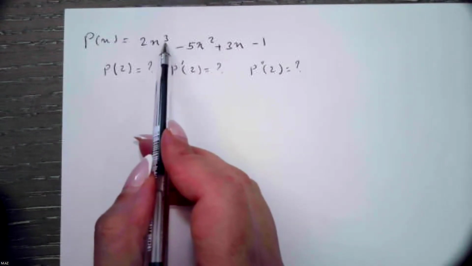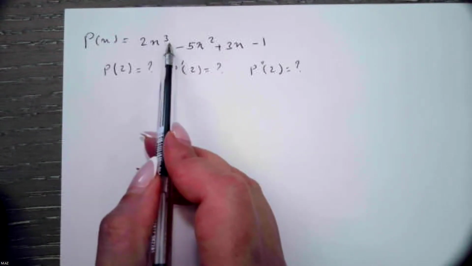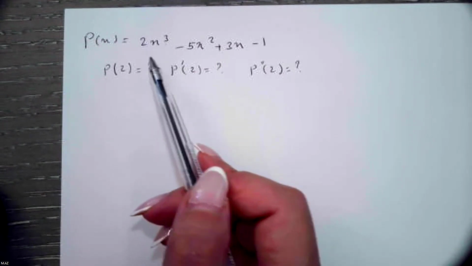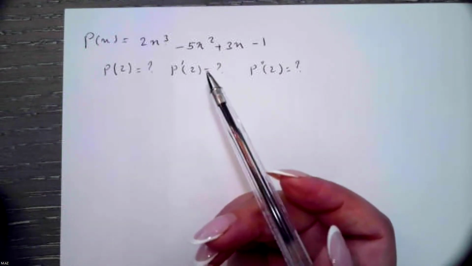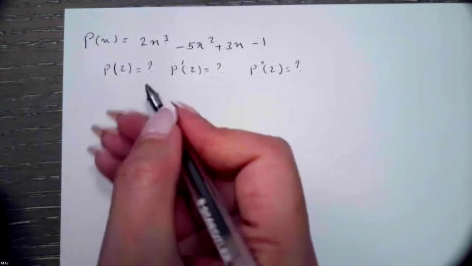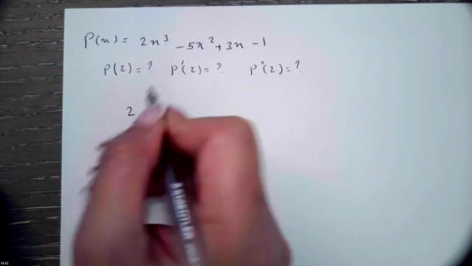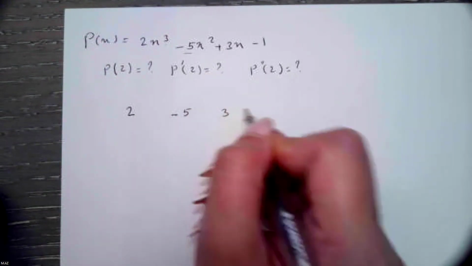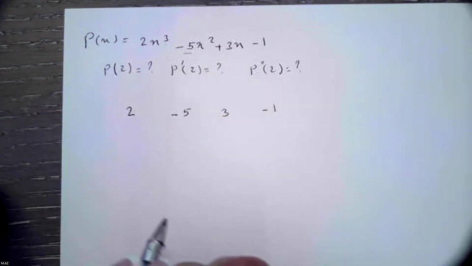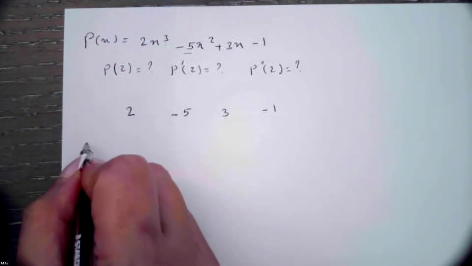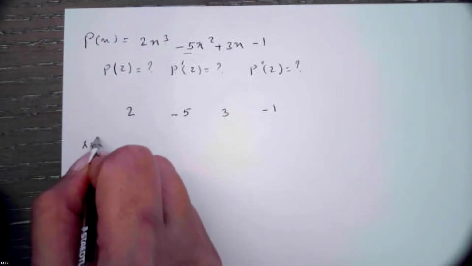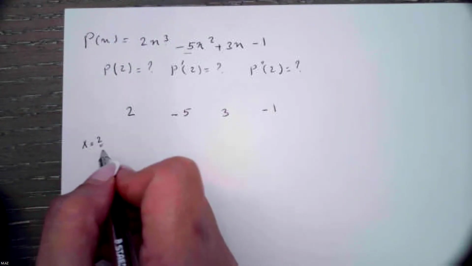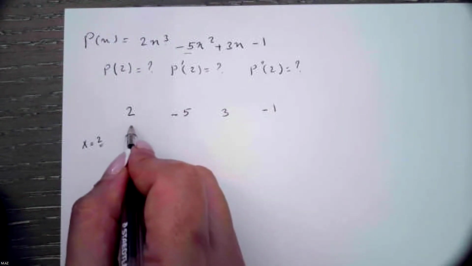The highest order for this problem is 3. Now we write all the coefficients from the highest to the lowest order: 2, then minus 5, 3, minus 1. This is the point at which we evaluate our polynomial function.